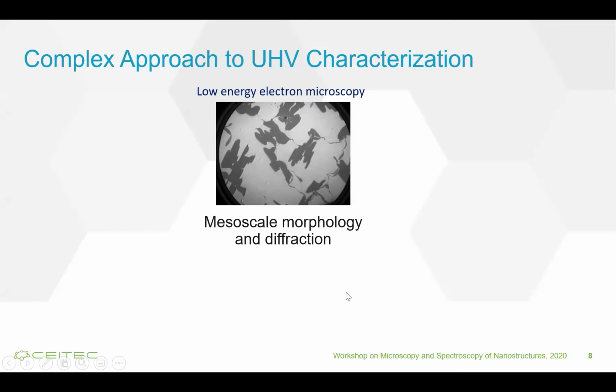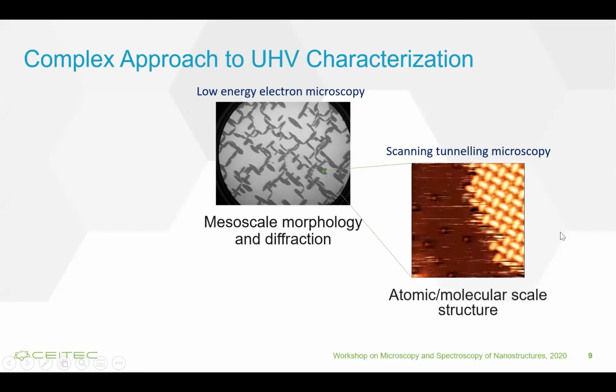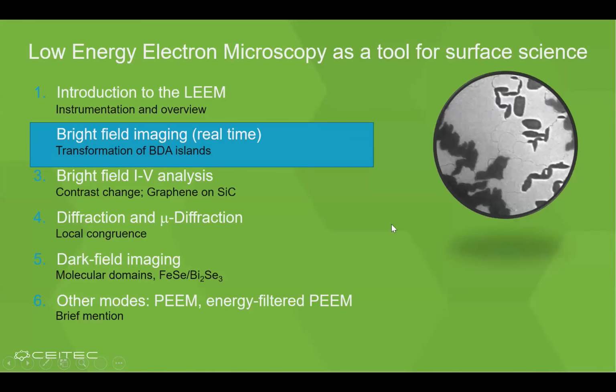And the important aspect is that we can combine it with scanning tunneling microscopy in a single UHV. So we complement this mesoscale view with an atomic scale view and also chemical analysis by X-ray photoelectron spectroscopy. Really, low energy electron microscopy profits from those techniques, which are quite necessary to understand what's happening on the surface.